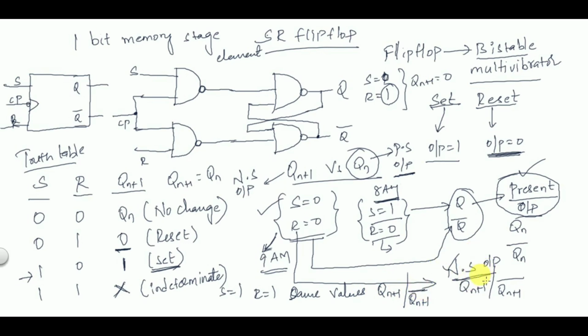But that is not possible practically because Q and Q bar are always complements of each other. So we take that output as a don't care condition and call it the indeterminate condition. Very, very important: the indeterminate condition occurs when S is equal to 1 and R is equal to 1 in SR flip-flop.